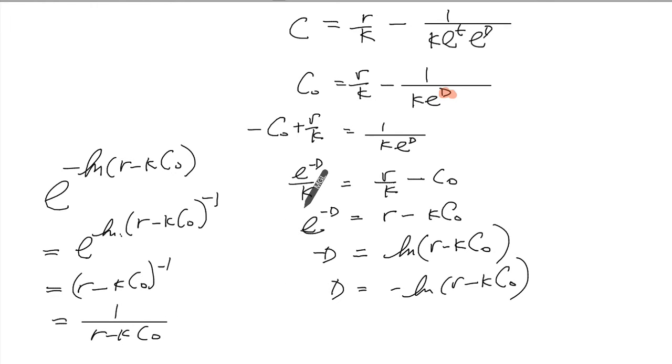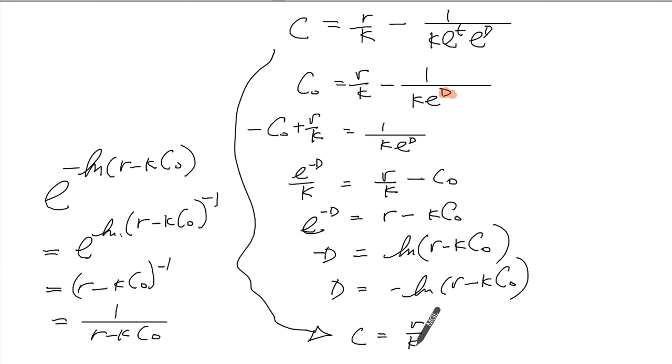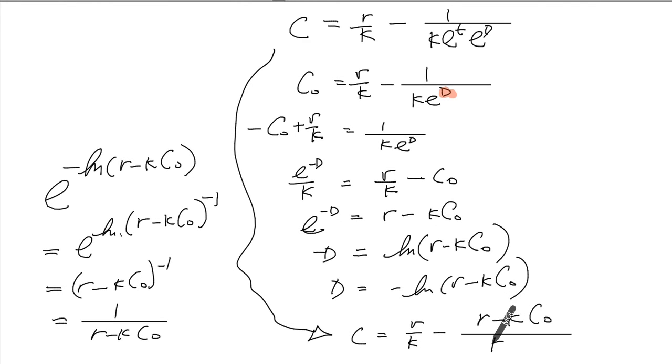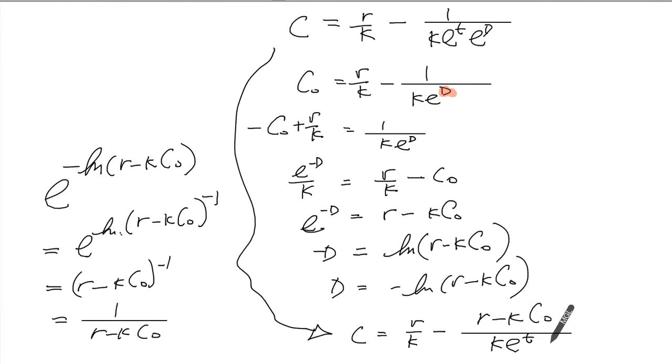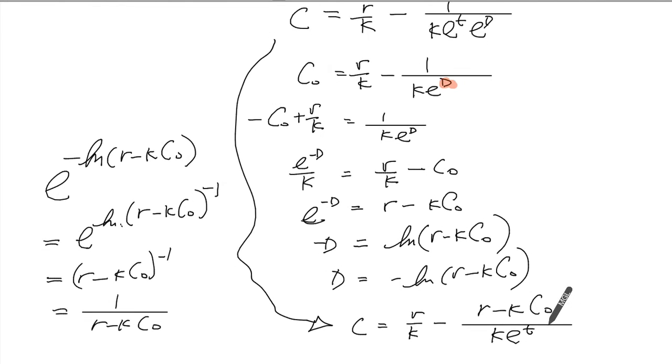Okay, so what that means, all the way bringing it back here, we get C is equal to r over k minus, okay, so this will become 1 over this. So it's the same thing as r minus kC0 on the top, k e to the power of t.